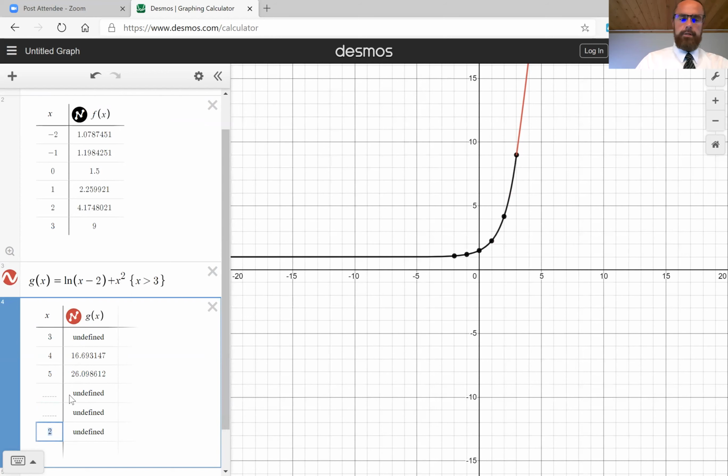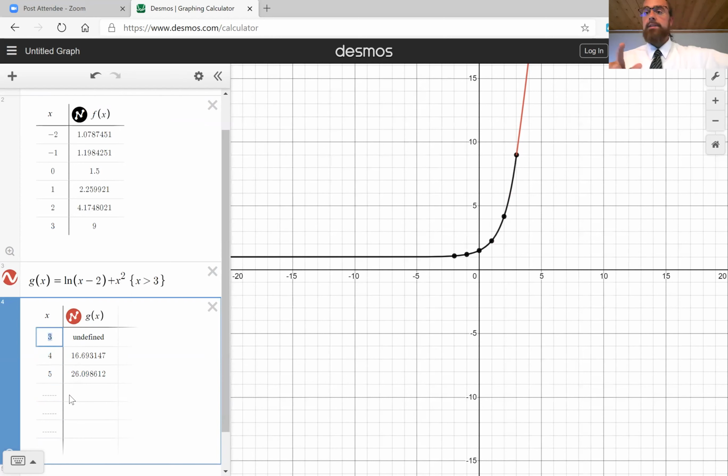So at 3 it is undefined, but it has the assumed value of 9. At 4 it's 16.7, way off my graph, but we're going to record it anyway. And at 5 it's 26.1, rounding to the nearest hundredth.